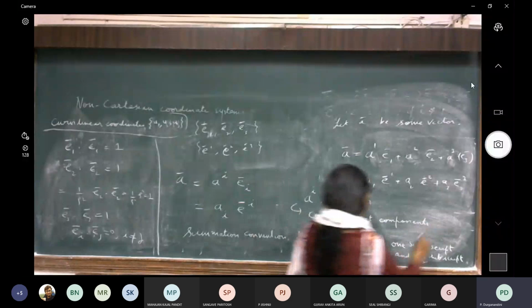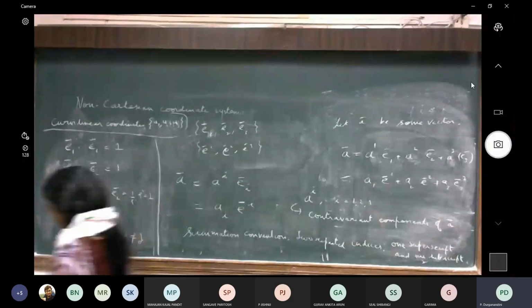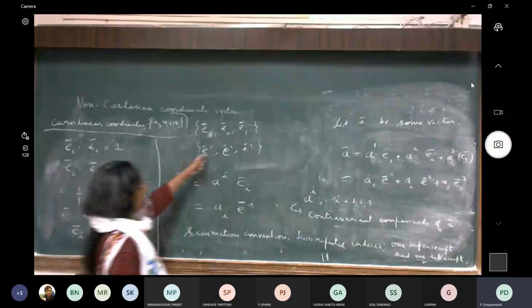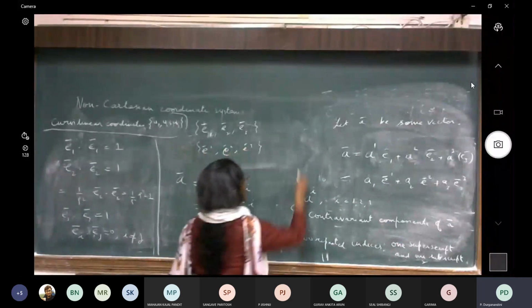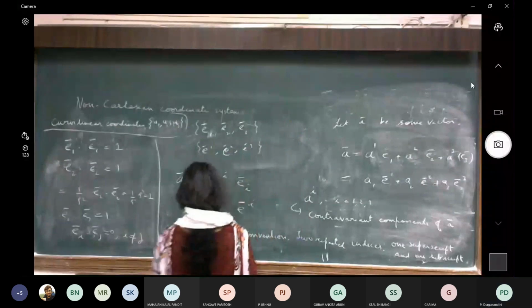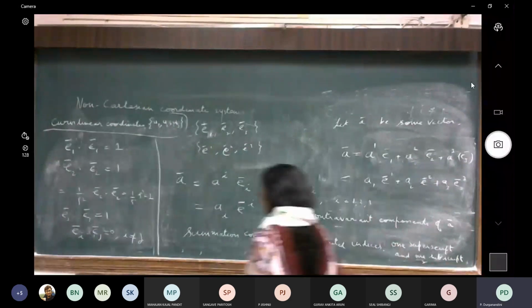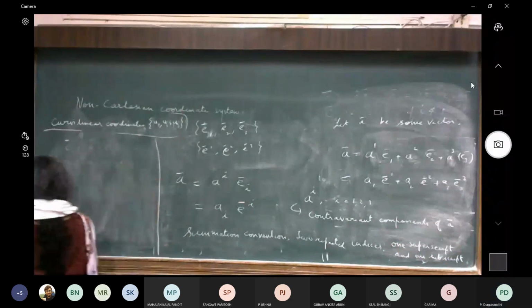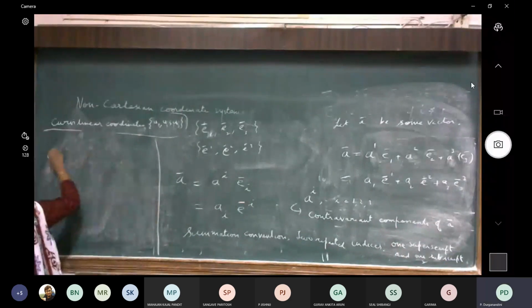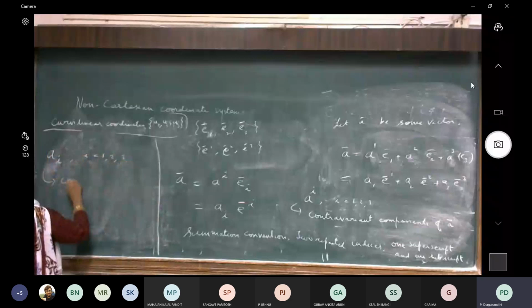And if I'm using the basis of epsilons, or equivalently E1, E2, E3 with the index on the upper side, then the Ai are called the covariant components.